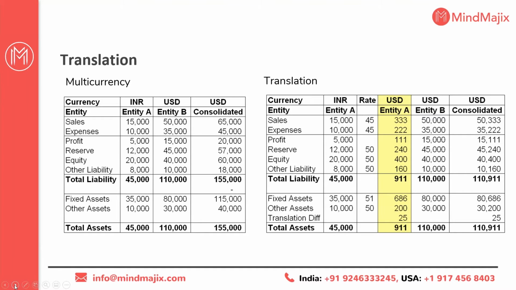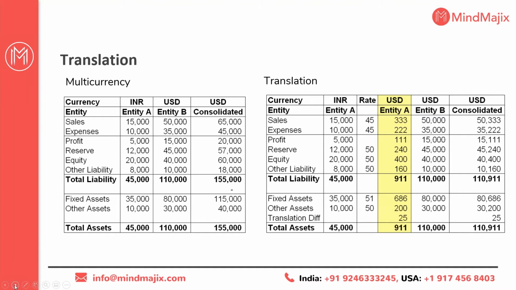Okay, so in case your application is a US application, and you have to report the numbers in USD, in that case you have to translate the numbers using exchange rate. I've given an exchange rate of 45 just for an example, so it might be around 70 or 80 right now. Okay, so you have to multiply that number by that particular exchange rate, and convert the numbers into USD over here.